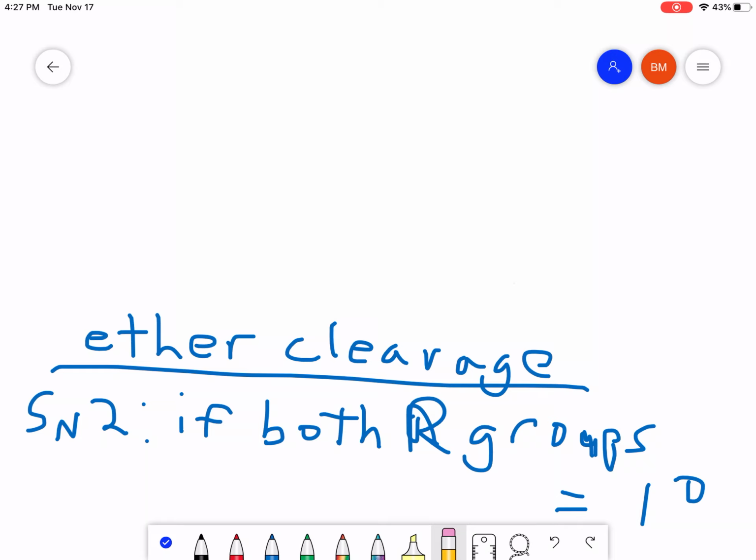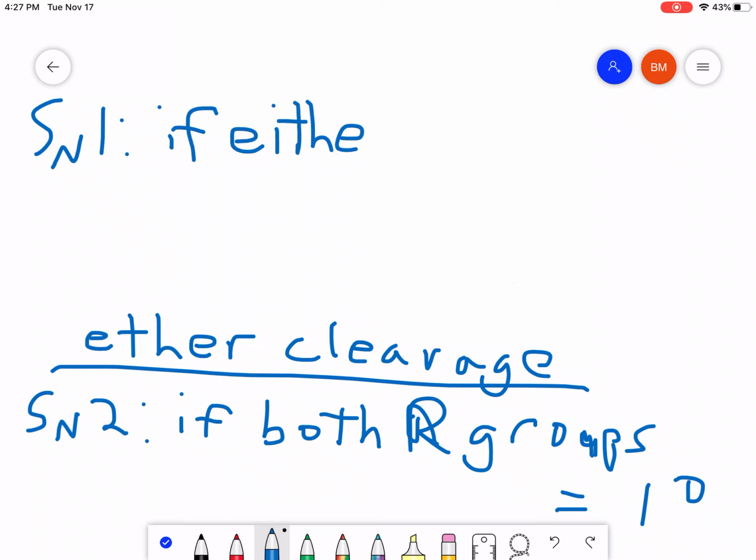Sorry, I'm having to write this bottom one up here. Kind of looks weird, but I think you guys will get the message. When do we get an SN1 mechanism? You get an SN1 mechanism if either R group is secondary or tertiary.